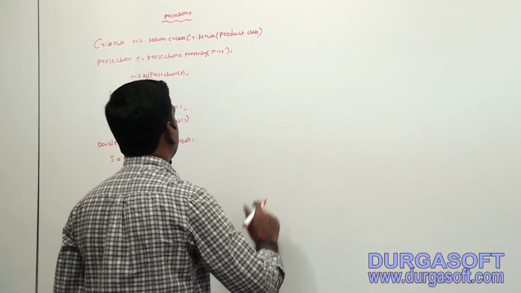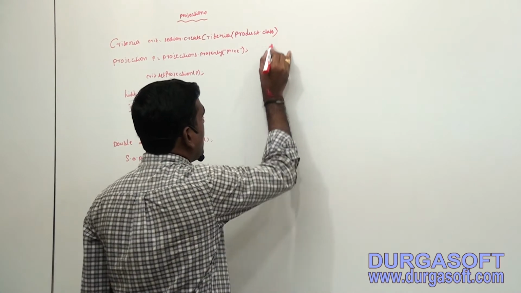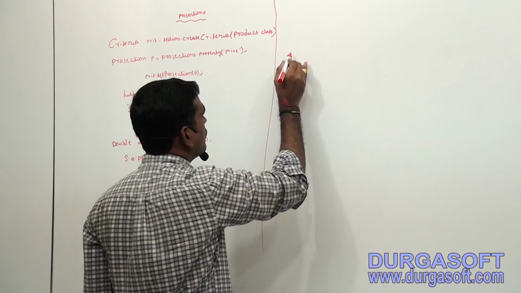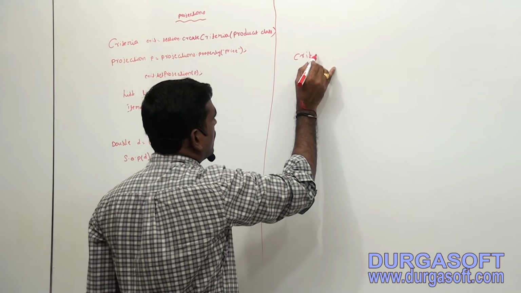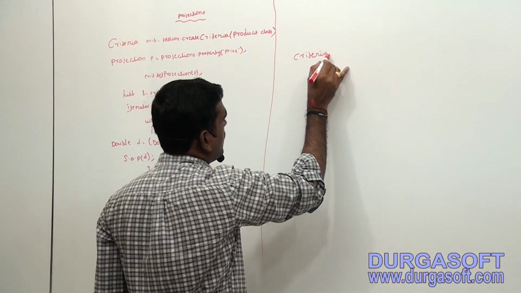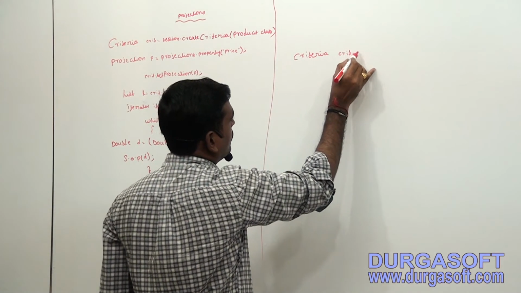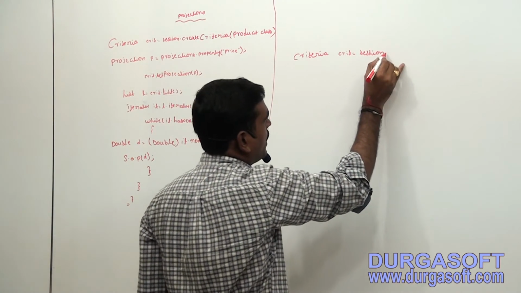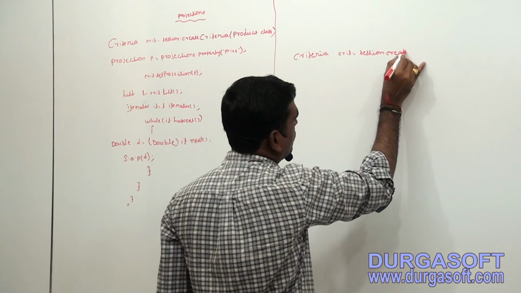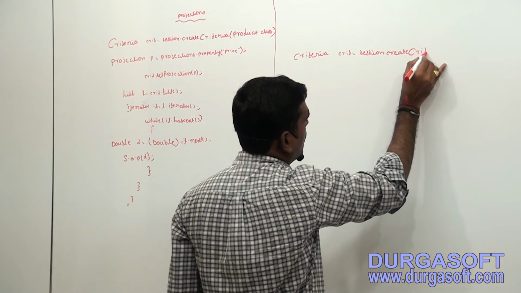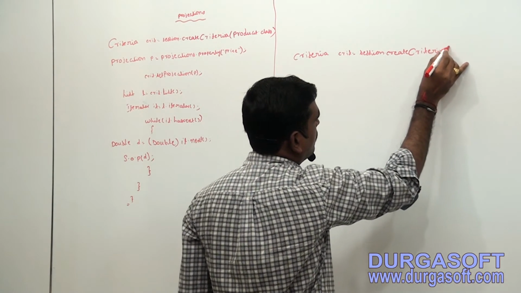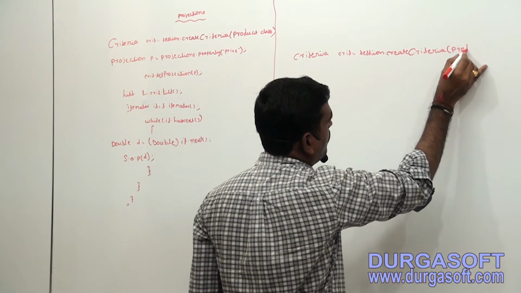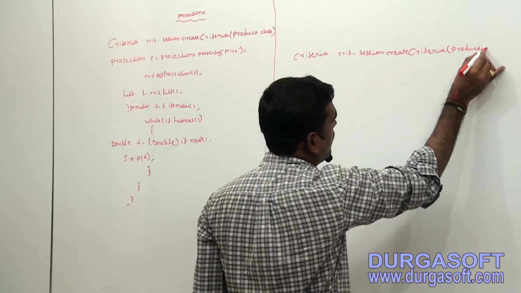Like this. Criteria crite is equal to session dot createCriteria, under that Product dot class.